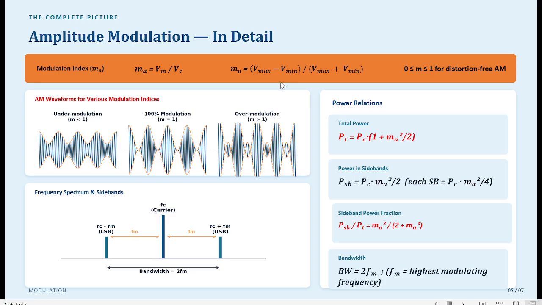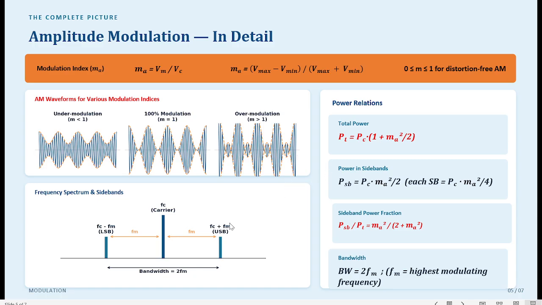Here you can see that from the x-axis up to this peak is Vmax, and from the x-axis up to this point is Vmin. This defines the modulation index, which is always between 0 and 1.